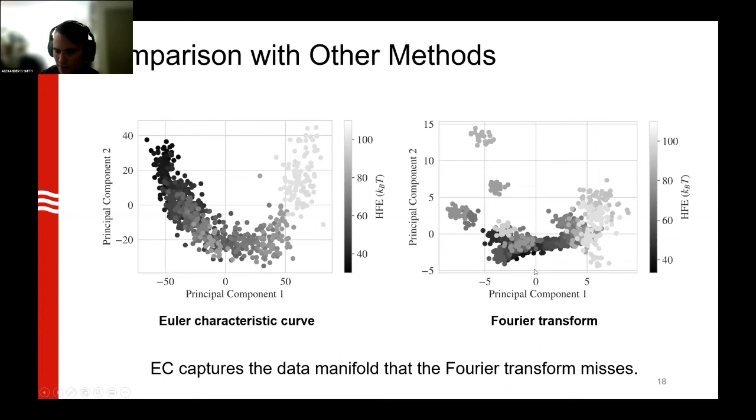When we look at the Fourier transform, we can see that there's maybe some structure in there, but there isn't a tremendous amount of structure, not nearly as coherent as we're seeing on the left with the Euler characteristic curve. So the Euler characteristic curve is really capturing data that this Fourier transform is missing. And previously, just to reiterate, we needed these more complex convolutional neural network models to obtain the same level of accuracy.